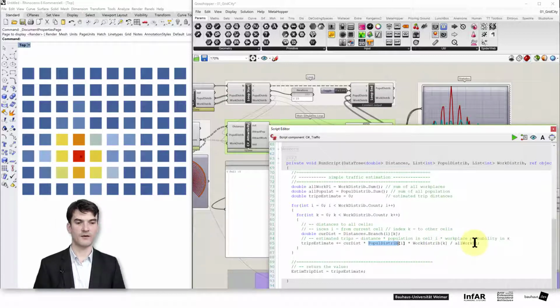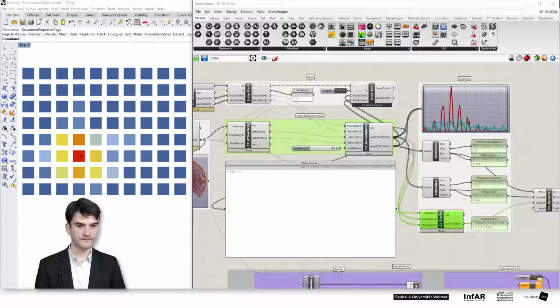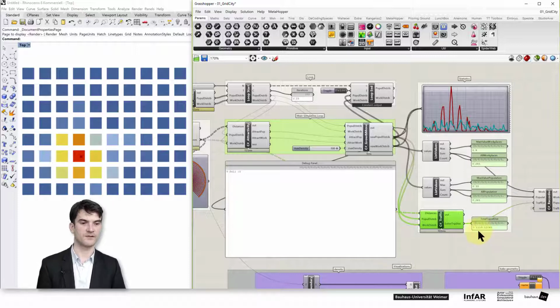And I divide it by all workplaces because I want to have only a fraction of all workplaces in this cell. So this part of the term is the fraction of the workplaces in a cell to all workplaces. And with this, I get a rough estimation. If I have distributed 261 households and workplaces, I will get a traffic value, and this has no specific unit, it's just a value that I can use to compare with a different land use distribution. So it's 1119, just remember it.